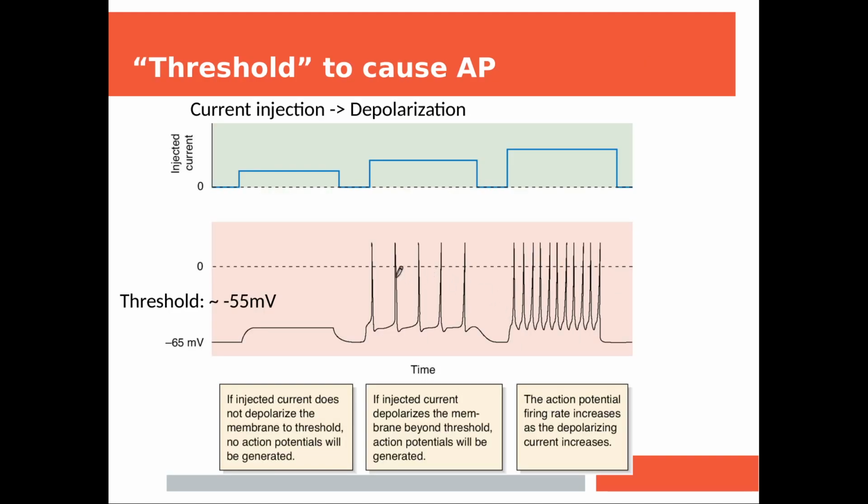And so when you inject current, what happens is the cell depolarizes. This is confusing. It's called depolarized because, remember, the resting potential of the cell is negative, and being polarized means being further away from zero.